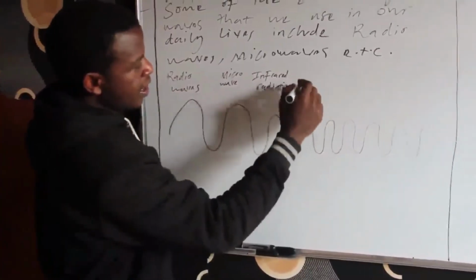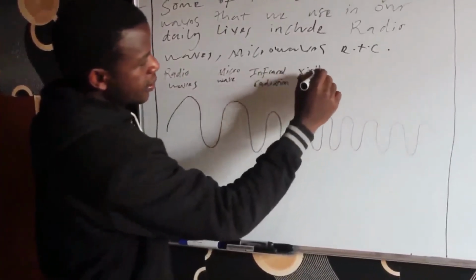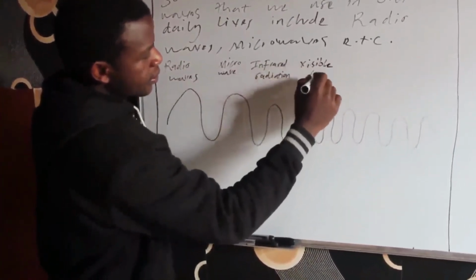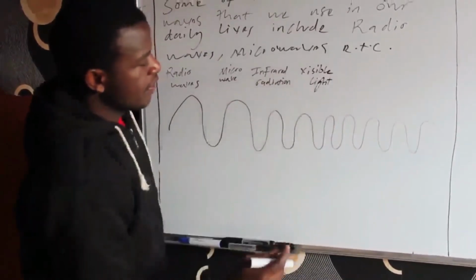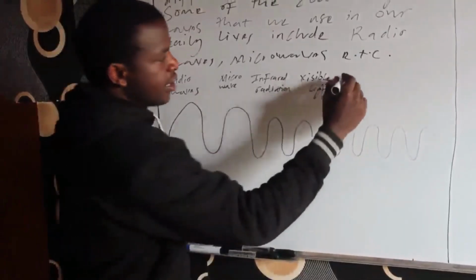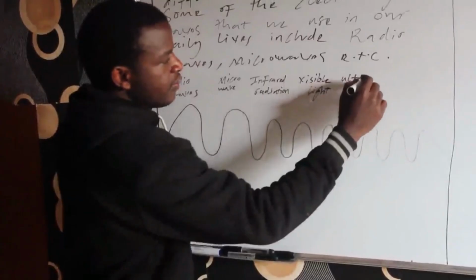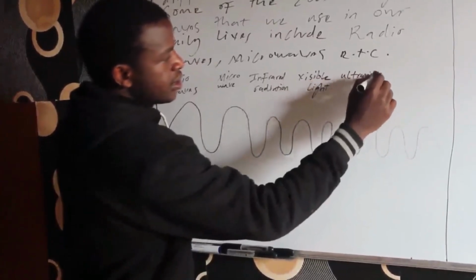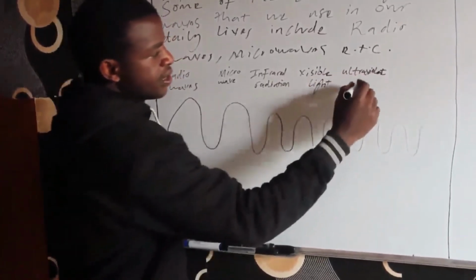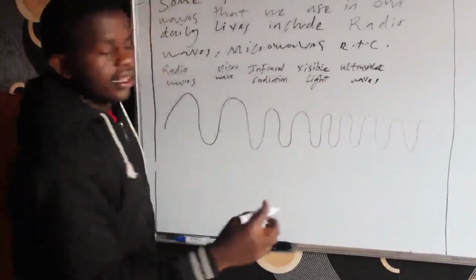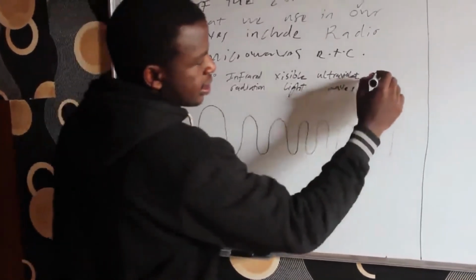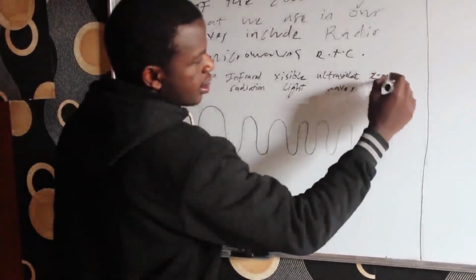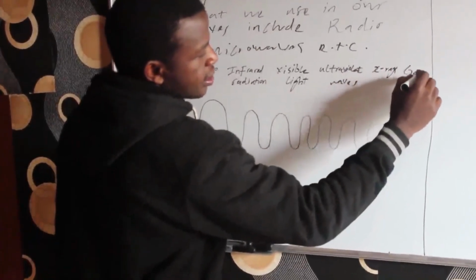Then we also have the visible light, the ultraviolet waves, then the X-rays and the gamma rays.